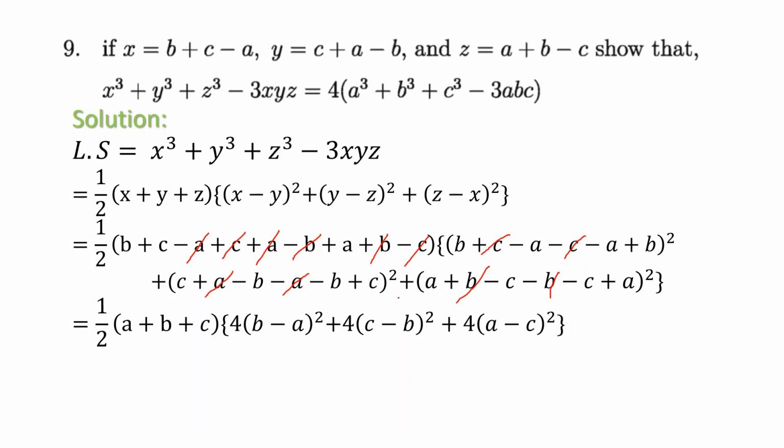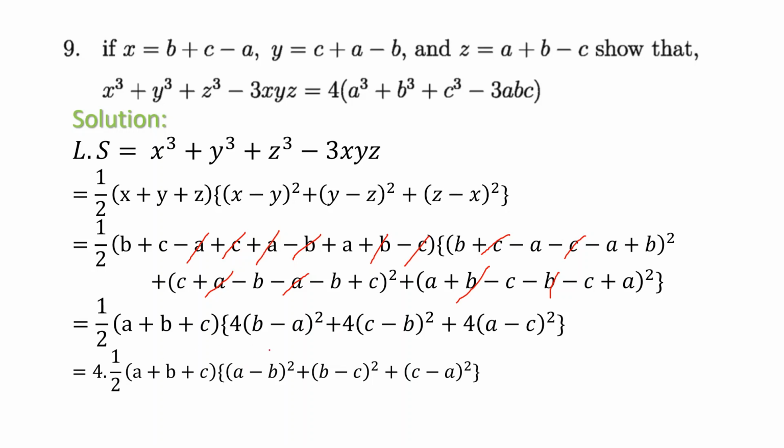And if we take 2 as common and outside from the whole square, then 2 becomes 2 squared, that means 4. Similarly here, 4 into (c minus b) whole square plus 4 into (a minus c) whole square. And taking 4 as common, we get this.